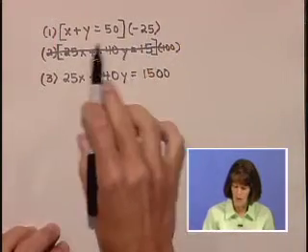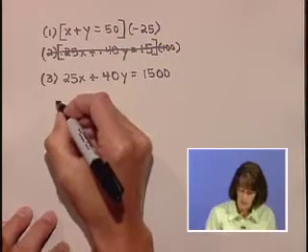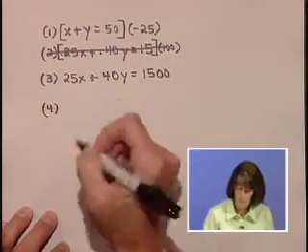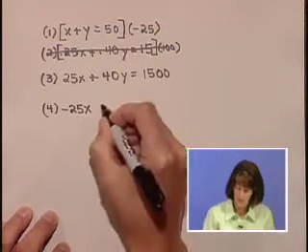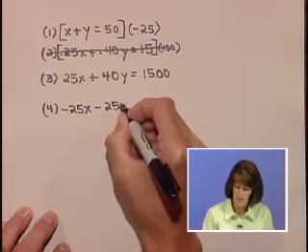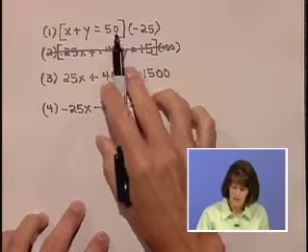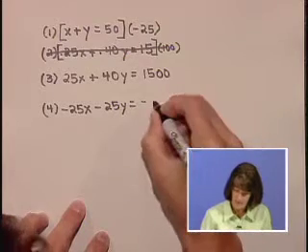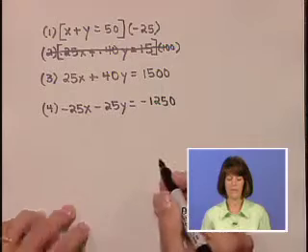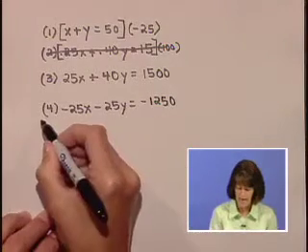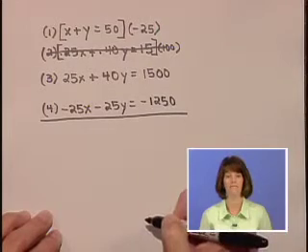Multiplying equation 1 through by negative 25, I guess we'd call that equation number 4. That becomes negative 25x minus 25y is equal to negative 25 times 50, or negative 1250. And now let's go ahead and just add equations 3 and 4 using the elimination method.